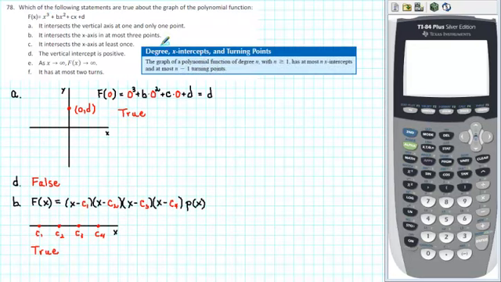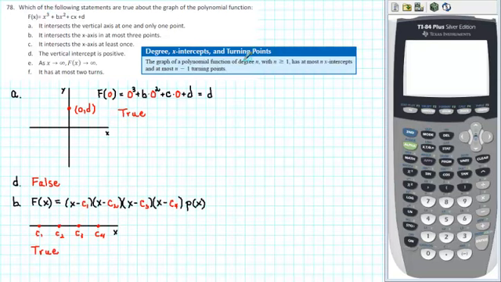To answer part B, we could have just recalled an important connection between the degree, the number of x-intercepts, and the number of turning points of a polynomial function. The graph of a polynomial function of degree n, with n greater than or equal to 1, has at most n x-intercepts and at most n minus 1 turning points. In this case, our polynomial function has degree 3.